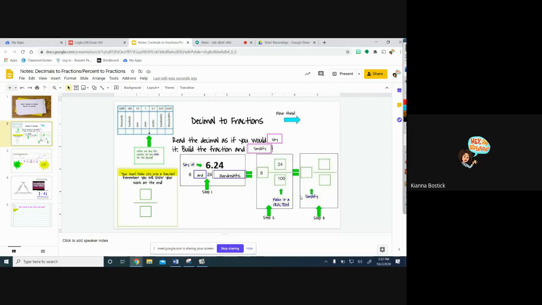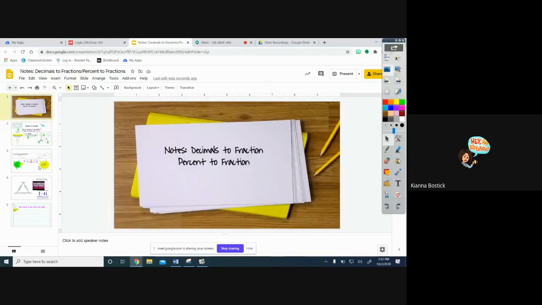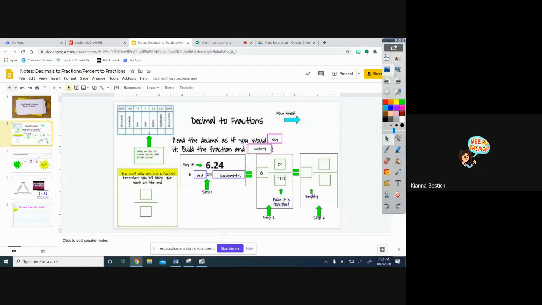So now we need to simplify. When we're simplifying, we're reducing the fraction, as maybe your elementary school teachers might say it. But there are some rules to teach you what you're going to divide by. For this one, I can look at these numbers and I know that 24 is an even number, and I know that 100 is also an even number.